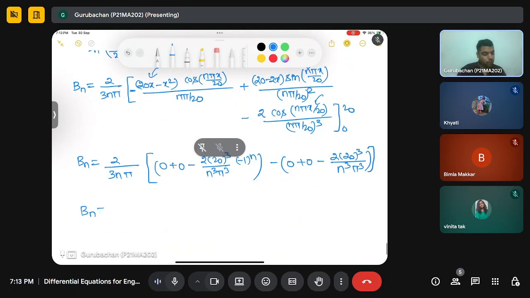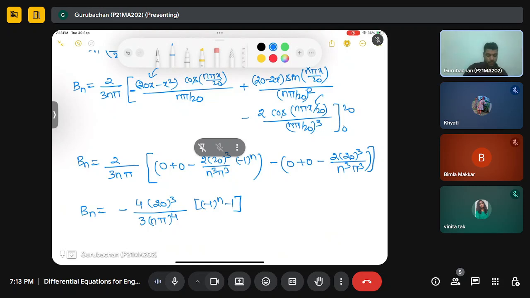Your bn, if I solve it a little, will give us, with negative sign, 4 times 20 cube divided by 3 n pi to the power 4, times minus 1 to the power n minus 1.